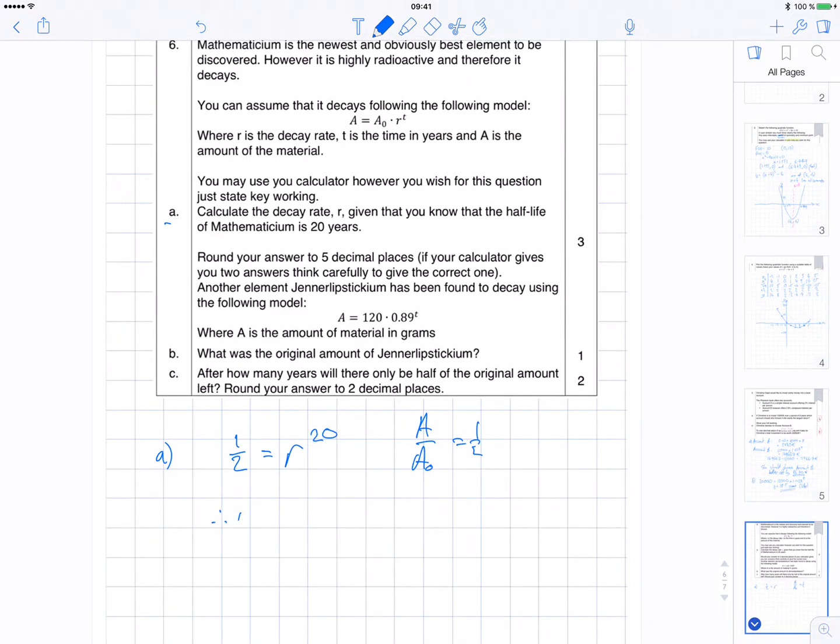So I'm going to solve. I'm going to get 2 answers, but I want the positive answer. So r is 0.9659362 to 7 SF.